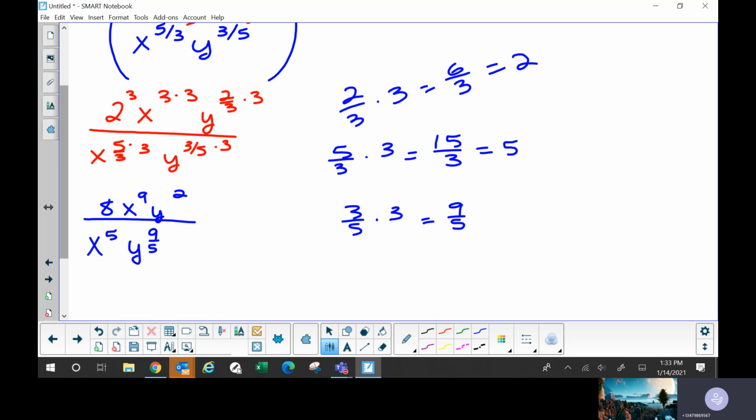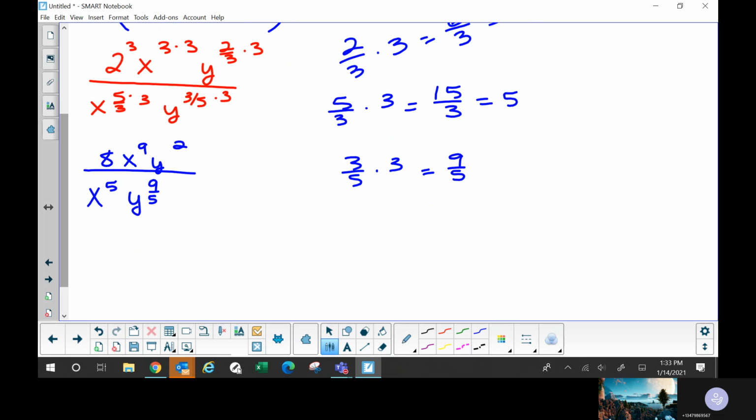Okay, and then you use the same property we used before, the quotient of powers property. So on the top, you have x to the 9th power. On the bottom, you have x to the 5th power. You're going to subtract 9 minus 5. So we have 8x to the 9 minus 5. 9 minus 5 is 4. Okay, and then we have y squared minus 9/5.